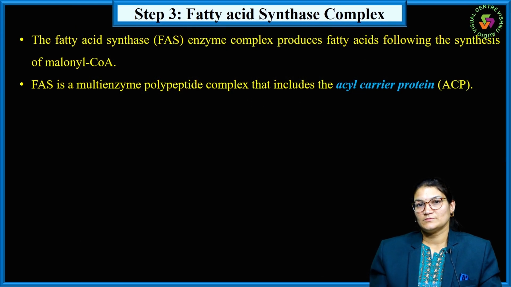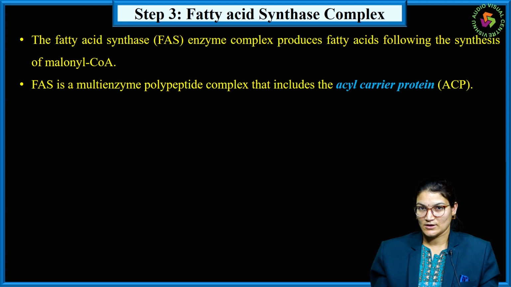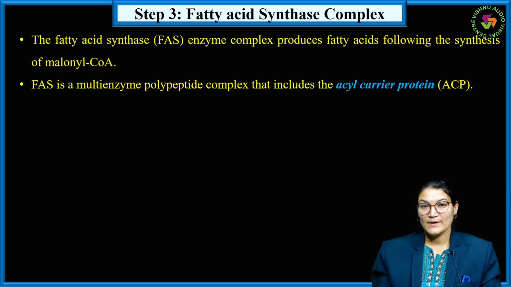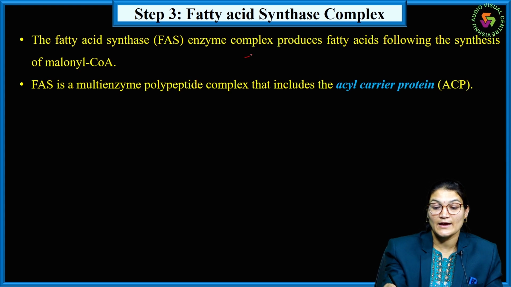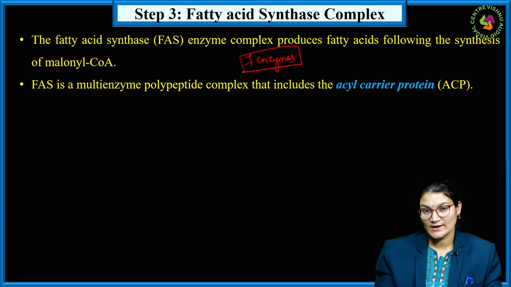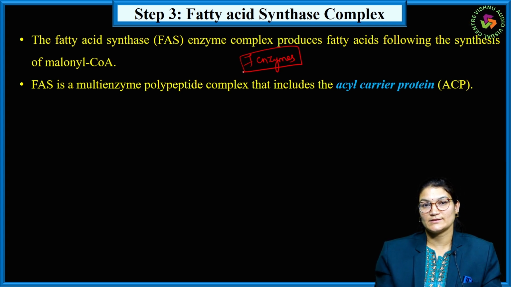After the malonyl coenzyme A is processed, the next step is the fatty acid synthase complex. As the name suggests, in this fatty acid synthase there are 7 enzymes involved. All these 7 enzymes together are called the fatty acid synthase complex.